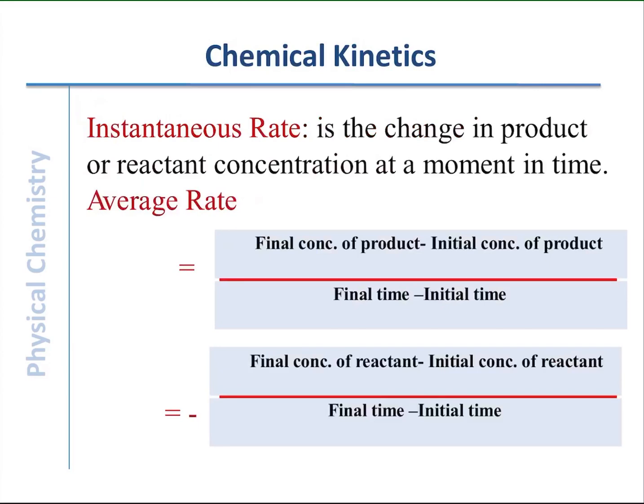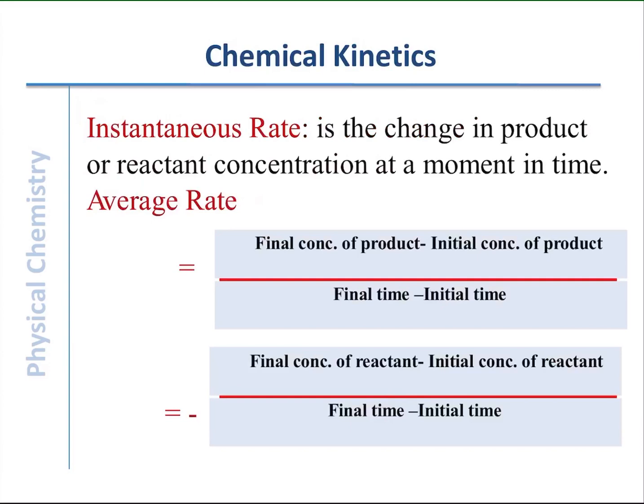What is the instantaneous rate? It is the change in product or reactant concentration at a moment in time. And what is the average rate? The final concentration of product minus the initial concentration of product divided by final time minus initial time.